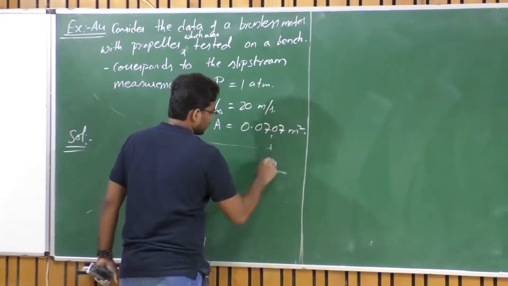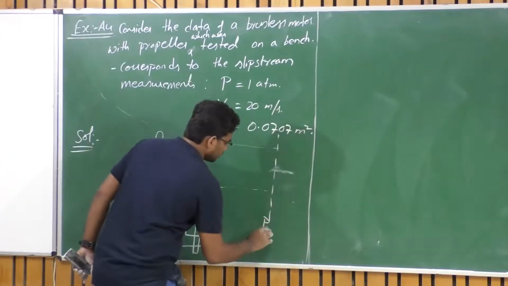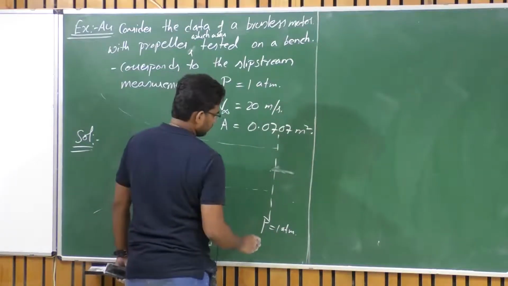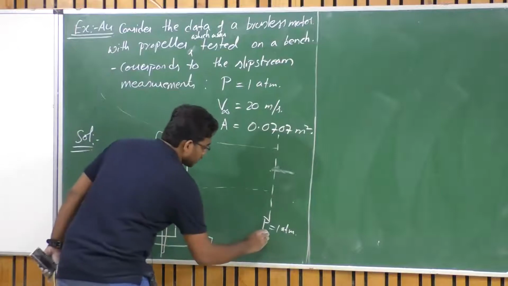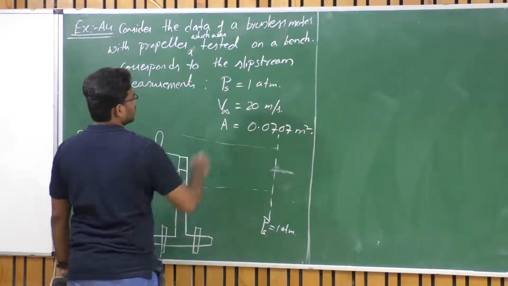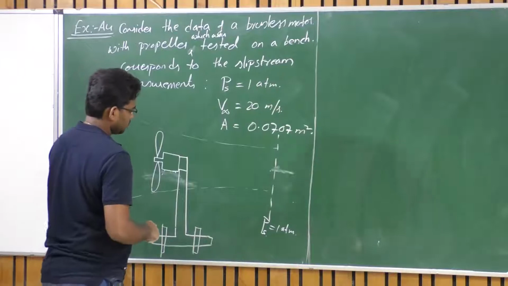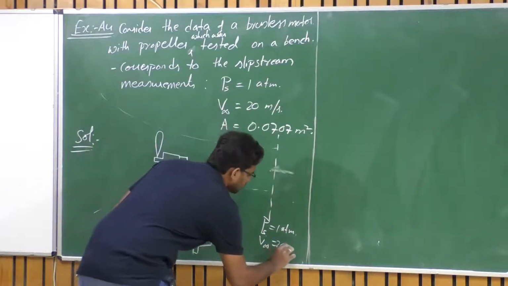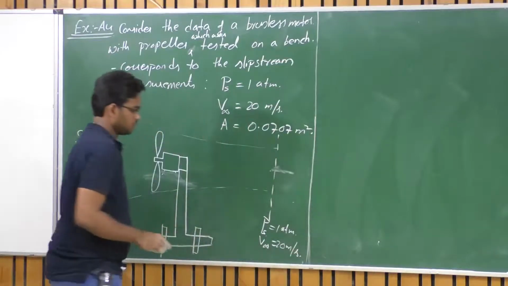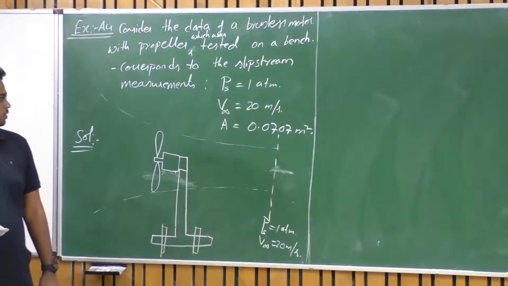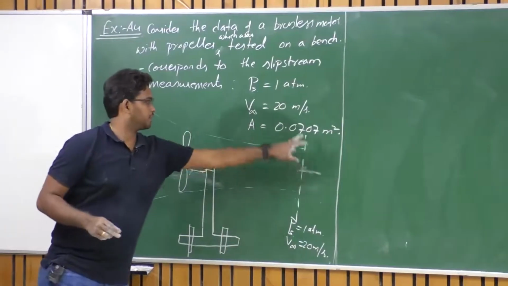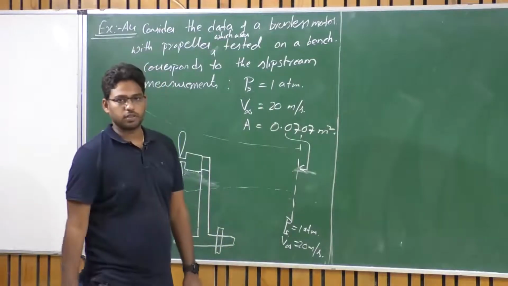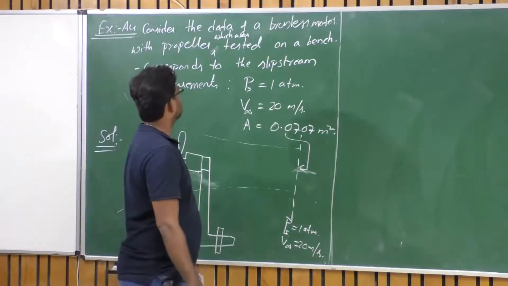Let us say this is the location at which P is equal to 1 atmosphere, the static pressure, measured here, and V infinity is equal to 20 meters per second, and the corresponding area of effectiveness is about 0.707 meters square. Okay, now what do we need to find?